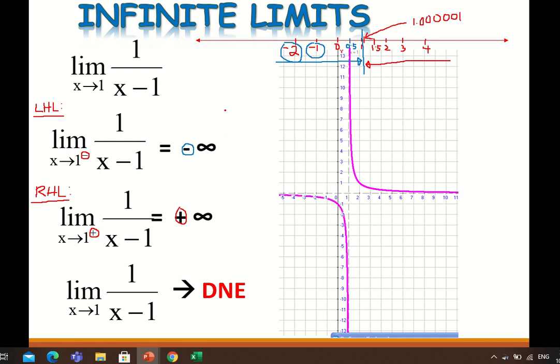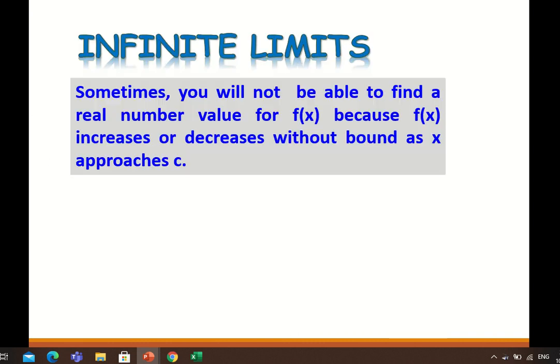I hope this is clear to you, class. Before we go to the next example, let us review first the behavior of our function with infinite limits. Sometimes you will not be able to find a real number value for f of x, because f of x increases or decreases without bound as x approaches c.